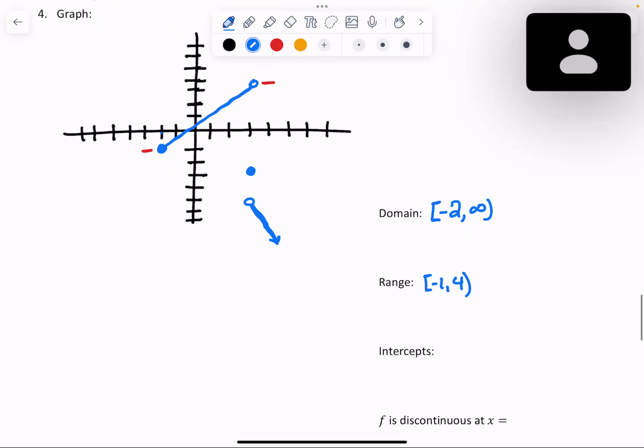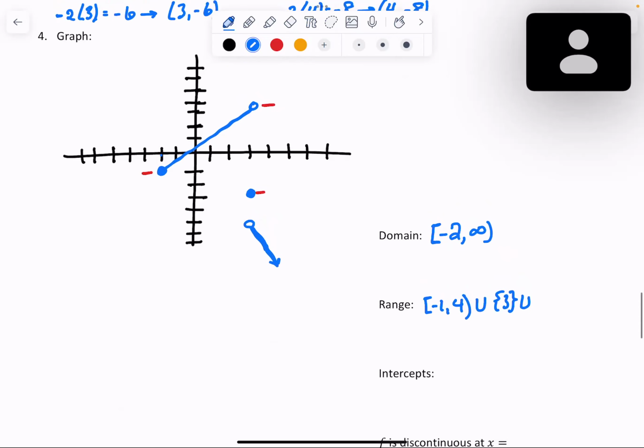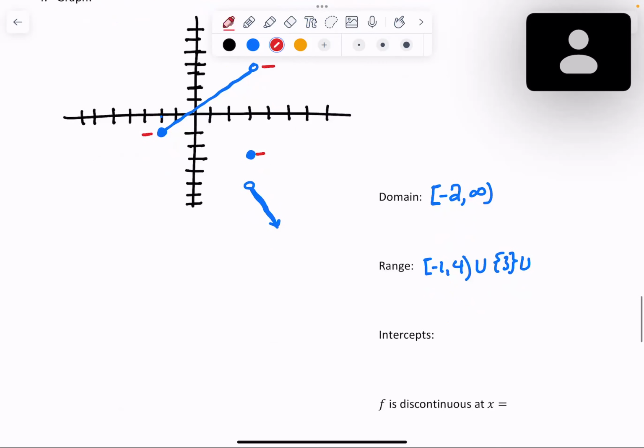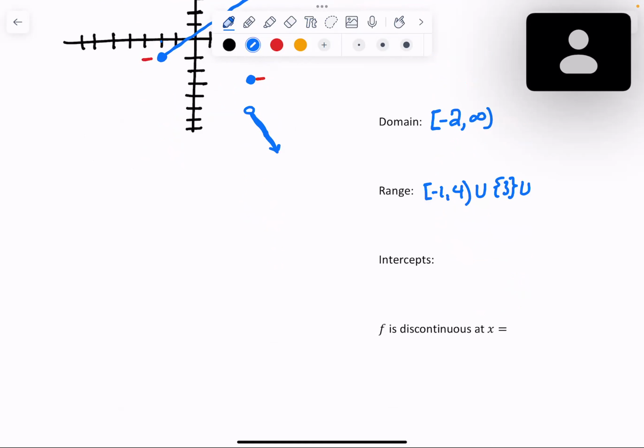The range on this piece right here, the second one, is just a single point. It's the set containing the point 3. So we're going to union this interval with the set containing the point 3. And then to find the range of the last piece, the smallest value of y, it goes forever in the negative direction. So the smallest value of y is -infinity, right?